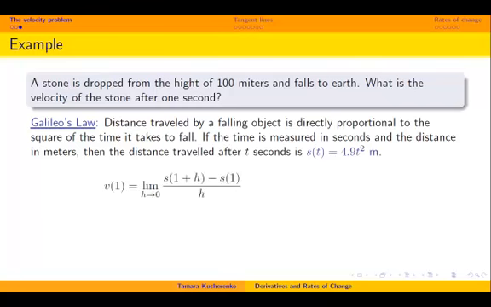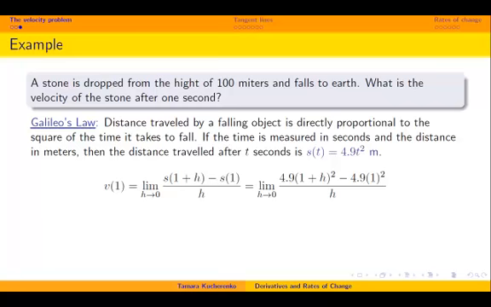The velocity v at t equals 1 is given by the limit as h approaches 0 of the difference quotient s of 1 plus h minus s of 1 divided by h. Using Galileo's equation of motion, we rewrite this quotient as 4.9 times 1 plus h squared minus 4.9 times 1 squared over h.